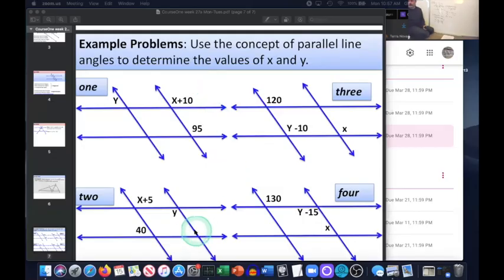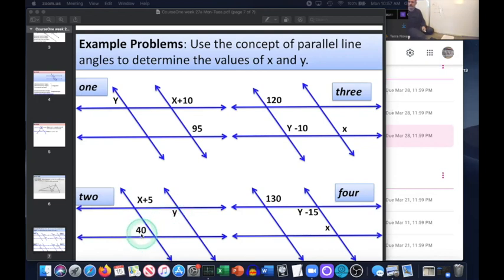Okay, now the number 2 problem. You can only compare angles if they're touching the same transversal. And once you're touching the same transversal and the lines are parallel, then you can do some math. Okay, so when you look at the number 2 problem, we can't compare the y to 40.